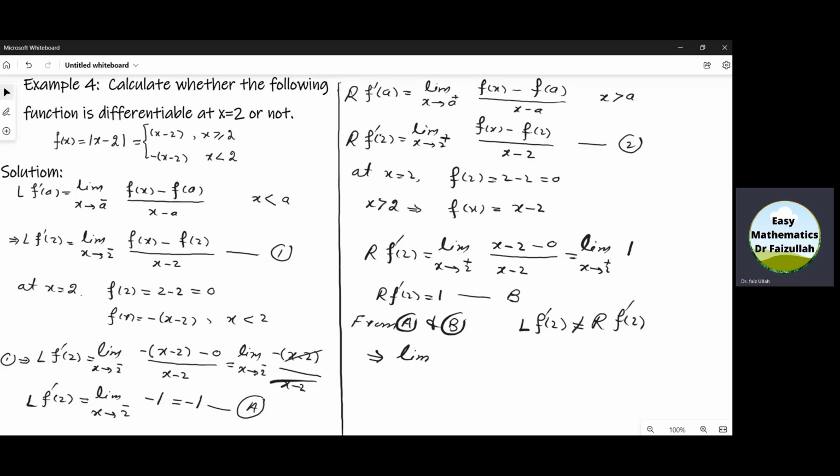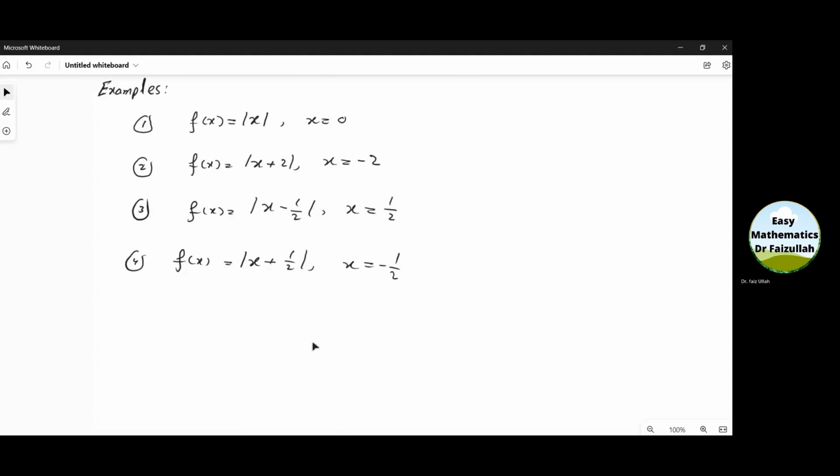So as the limit does not exist, we can say that f of x is not differentiable at x equal to 2. Using the same procedure, we can prove that these functions are not differentiable at the given points. That's all.